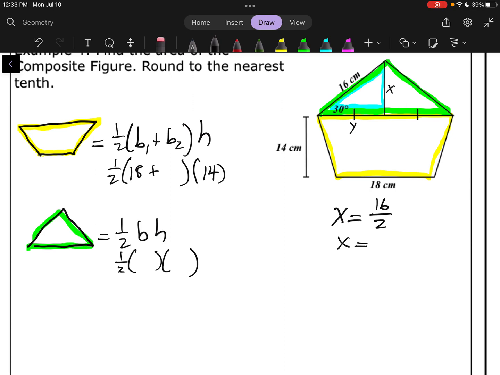That's our 30, 60, 90 rule. So that means that x is 8. So the height of the triangle is 8. Now, if the short leg is 8, that means that the long leg would be 8 times root 3. That's the other 30, 60, 90 rule. And 8 times root 3 is just 8 root 3.